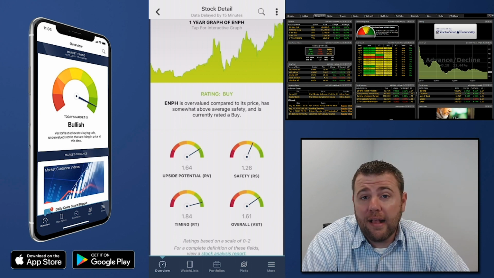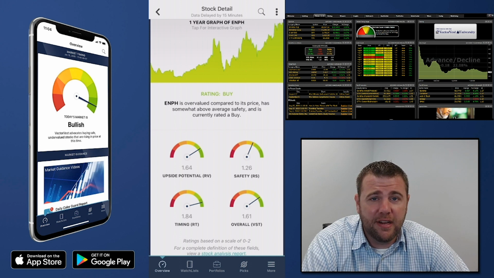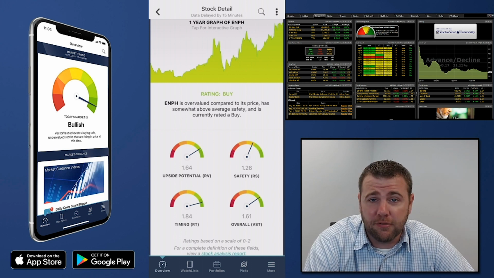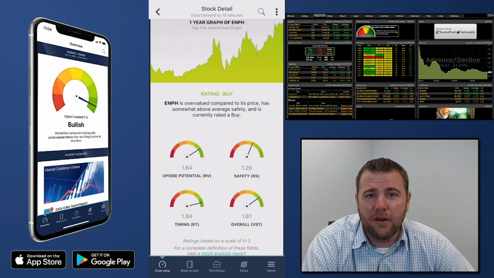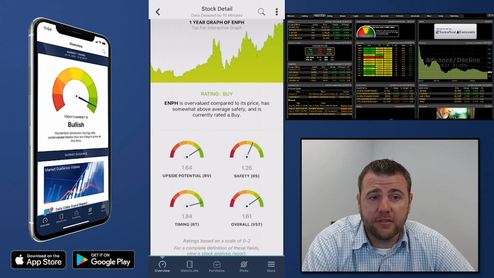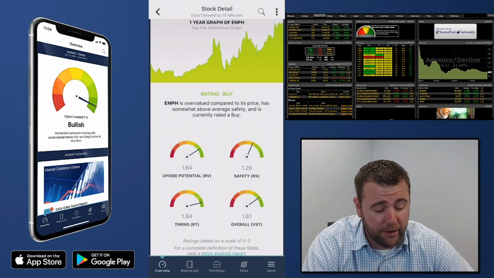That's good. It has good upside potential right now. RS is the relative safety. It's looking at the consistency and predictability of their fundamentals or their financial reports. Essentially, it's an indicator of risk. Above 1, less risk. Below 1, more risk. So at 1.26, the stock definitely has less risk associated with it here.